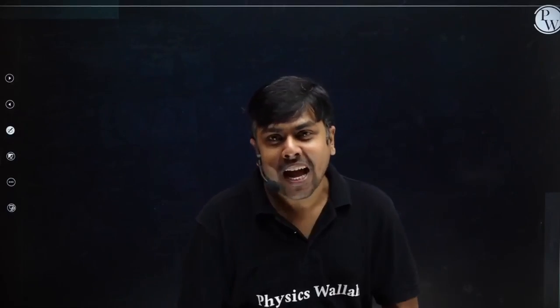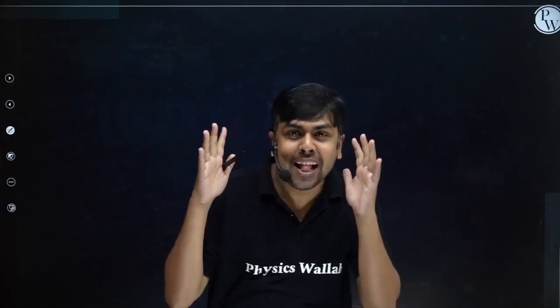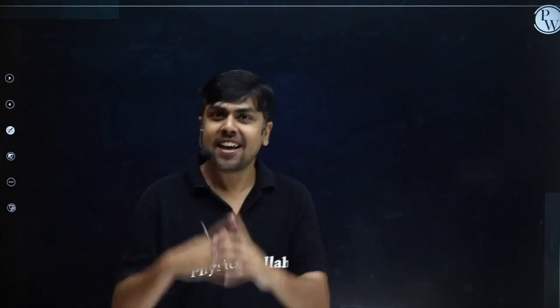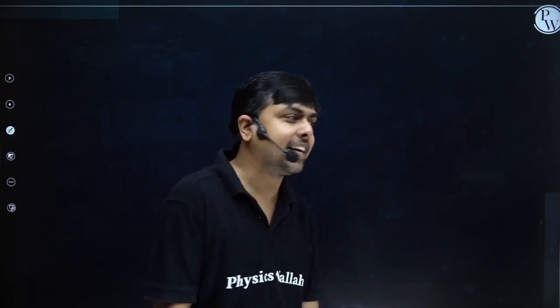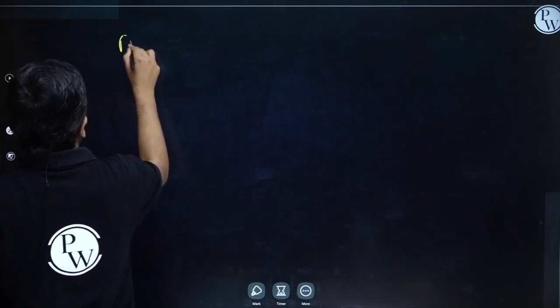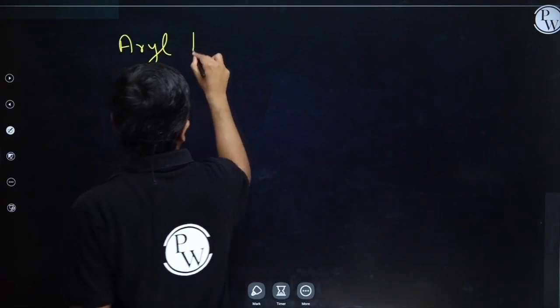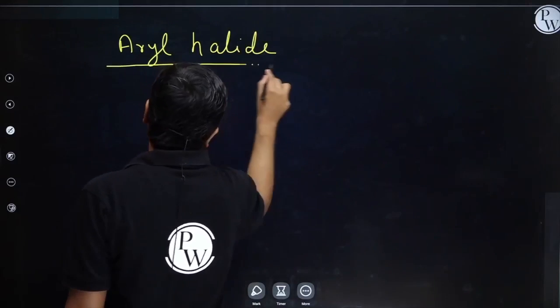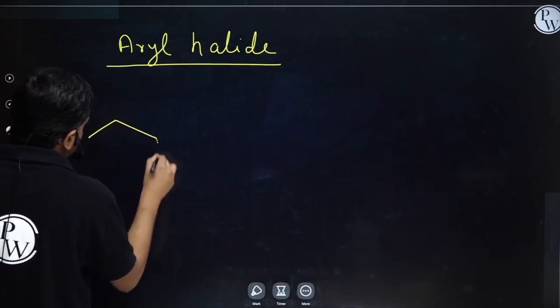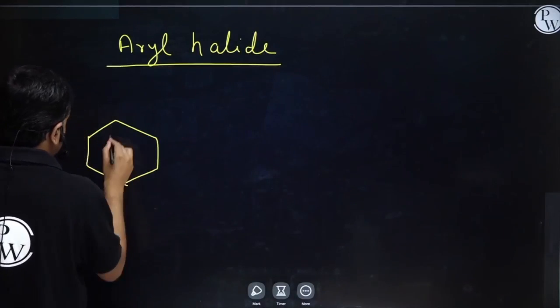Students, now it's time to discuss haloarenes, or we say aryl halide. First of all, let us talk about the structure of aryl halide. If I look at the structure, I'm having benzene, right?